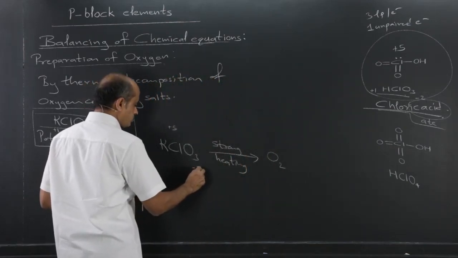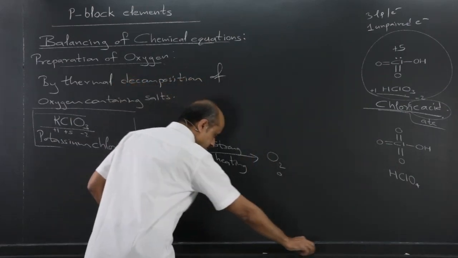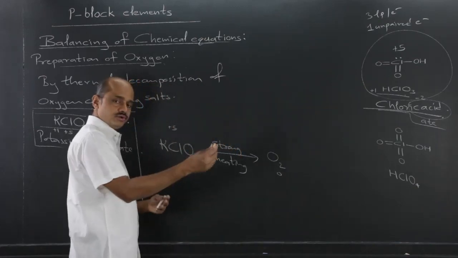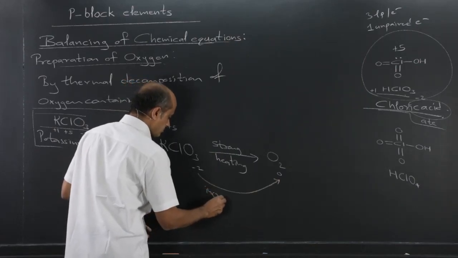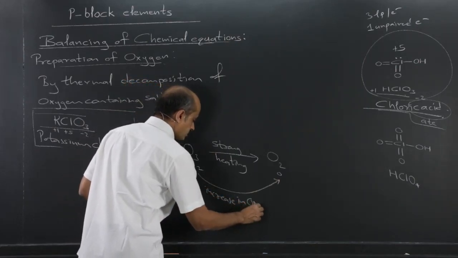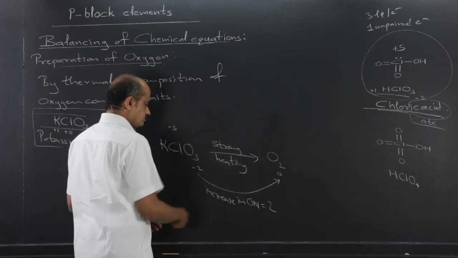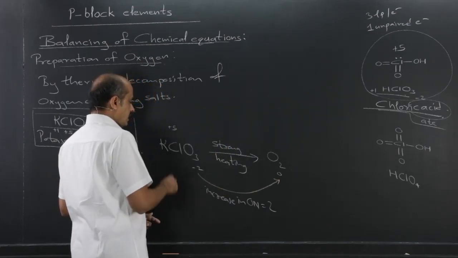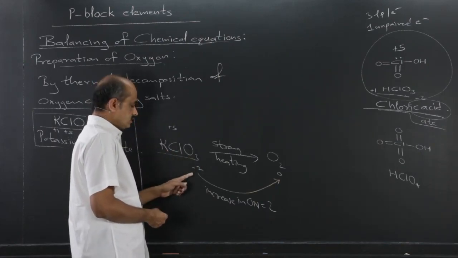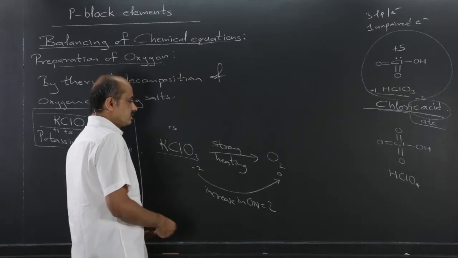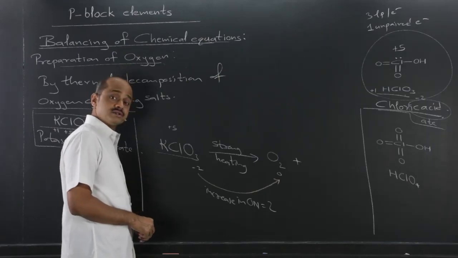Now, if -2 oxygen changes to 0, oxygen O2 means elemental oxygen, that is -2 changes to 0 is oxidation. So, increase in oxidation number by 2, minus 2 changes to 0, and if oxygen in potassium chlorate undergoes oxidation, minus 2 changes to 0, simultaneously there should be some element which undergoes reduction.